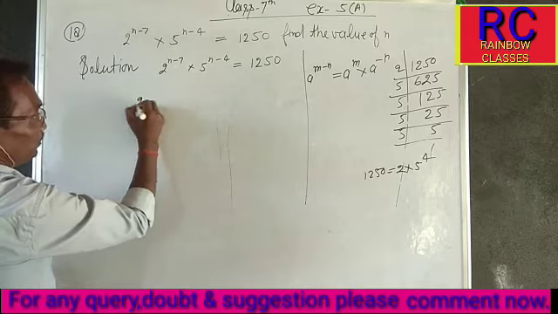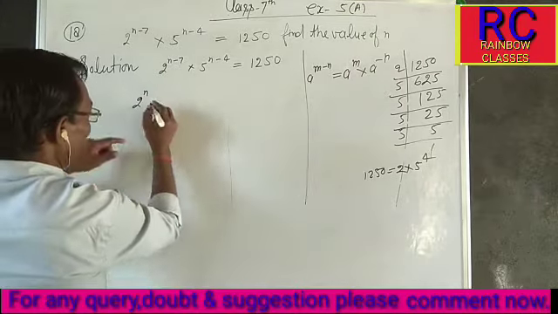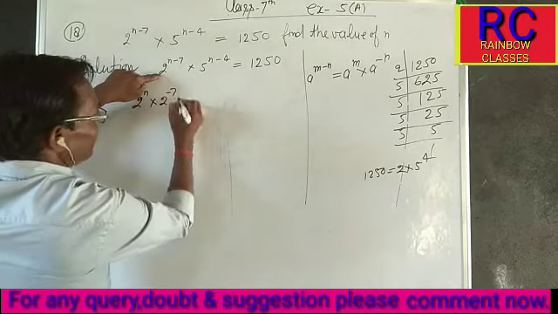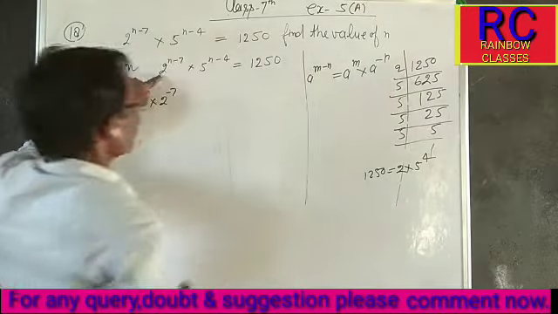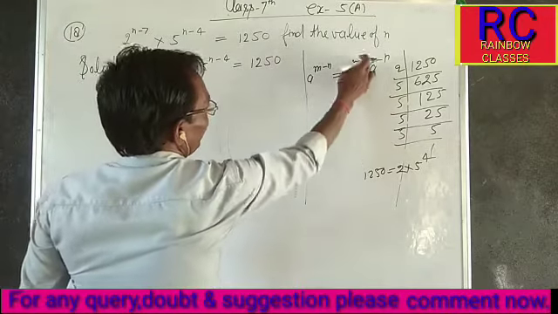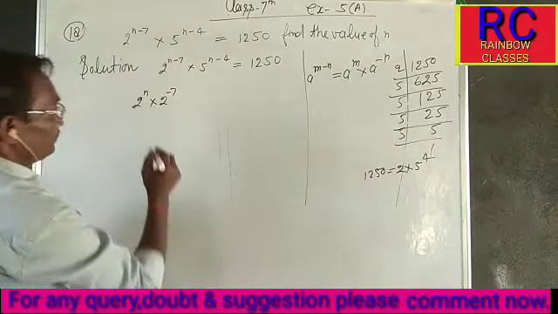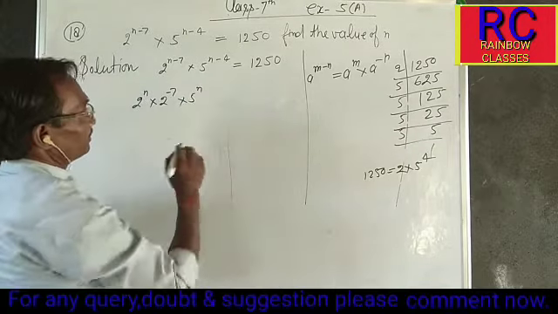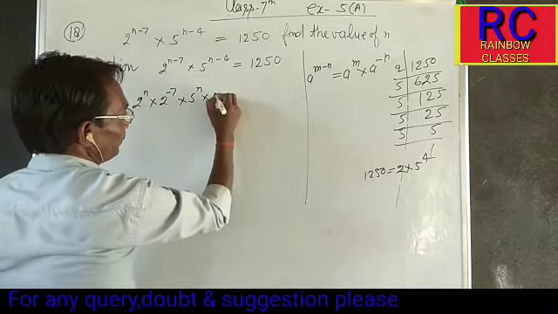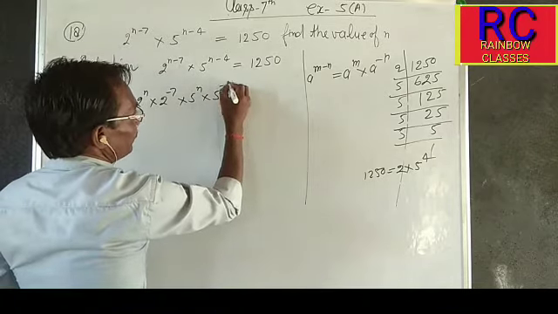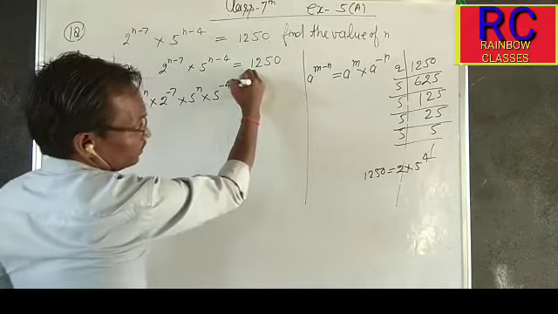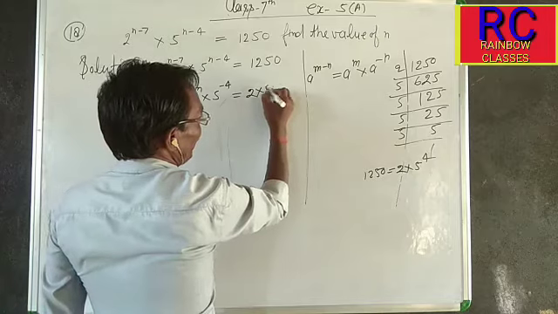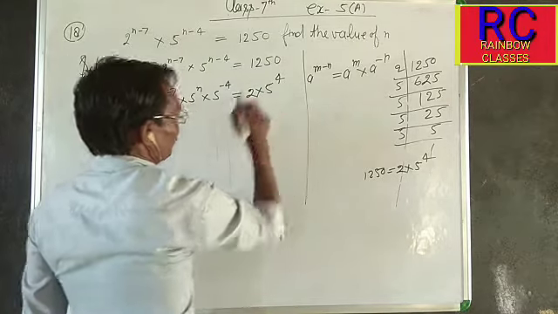So 2 to the power n into 2 to the power minus 7, according to the formula, into 5 to the power n into 5 to the power minus 4 is equal to 2 into 5 to the power 4.